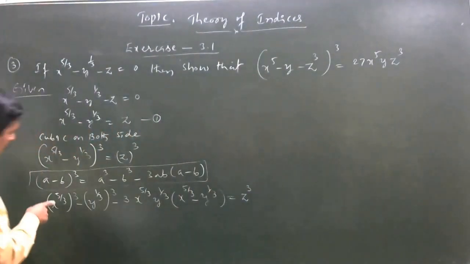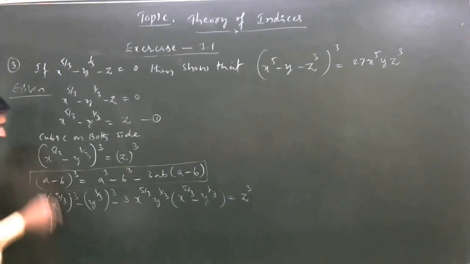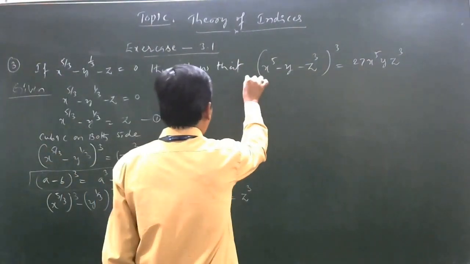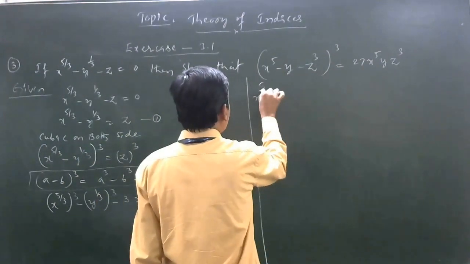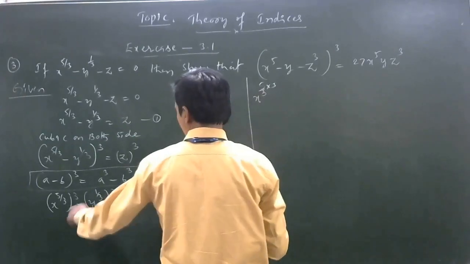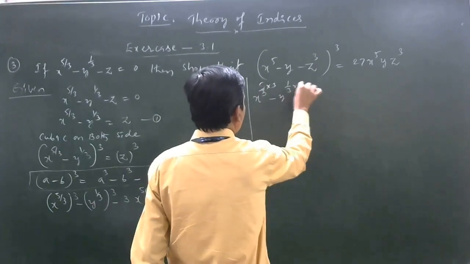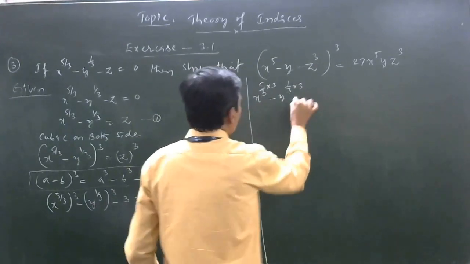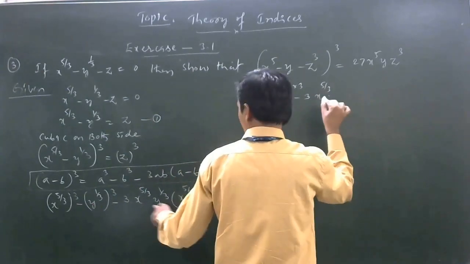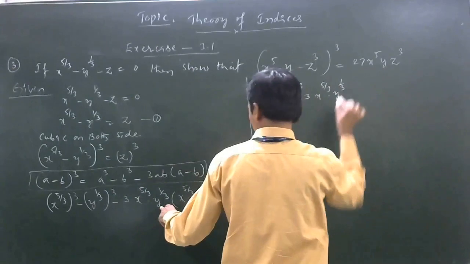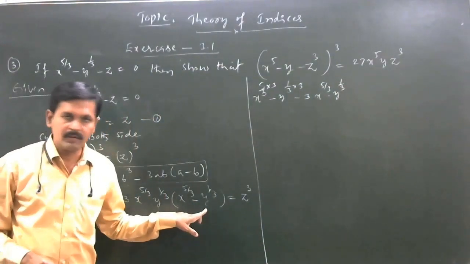Next, applying (a power m) whole power n: a power m whole power n means a to the power of m into n. So x power 5 by 3 into 3, next minus y power 1 by 3 into 3, and minus 3 into x to the power of 5 by 3 y power 1 by 3 into (x power 5 by 3 minus y power 1 by 3).